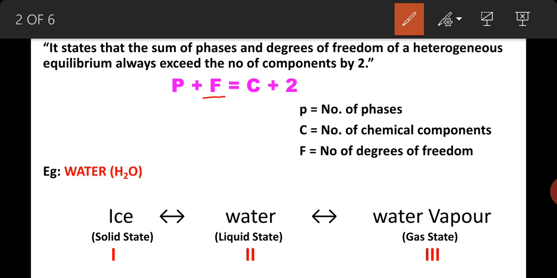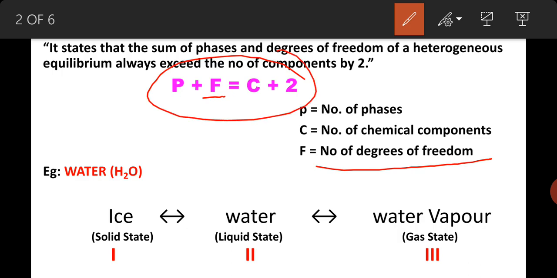Next, letter F. F means the number of degrees of freedom. At heterogeneous equilibrium, it is the number of variables which can be identified independently without changing the phases in the system. Here, variables are system conditions: temperature, pressure, concentration, like that. The F value is calculated by using the phase rule.